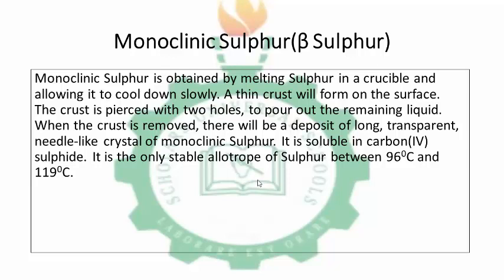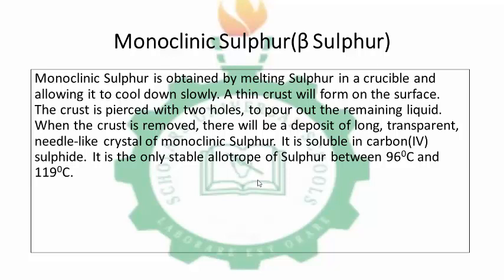When the crust is removed, there will be a deposit of long, transparent, needle-like crystals of monoclinic sulphur. And this monoclinic sulphur is soluble in carbon disulphide, and it is the only stable allotrope of sulphur between 96 degrees Celsius and 119 degrees Celsius. That means above 96 degrees Celsius, rhombic sulphur will change to monoclinic sulphur.